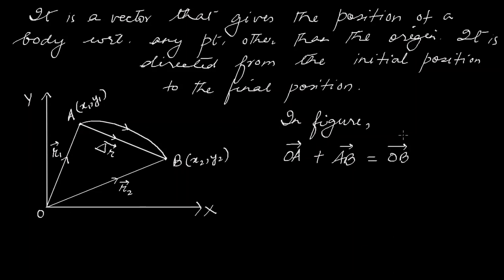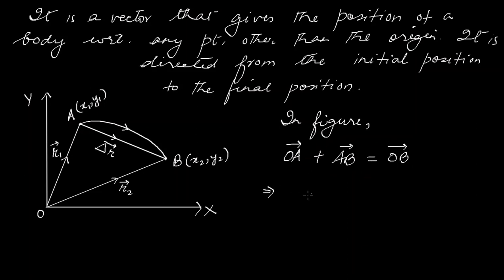Yes or no? It's very simple, is it not? You want to reach point B. There are two ways you can reach point B. Either you can go from O to A, then A to B, this one, or you can go directly from O to B, that one. So either way, if you go that way or that way, they are the same. So therefore, they are equal. Understand?